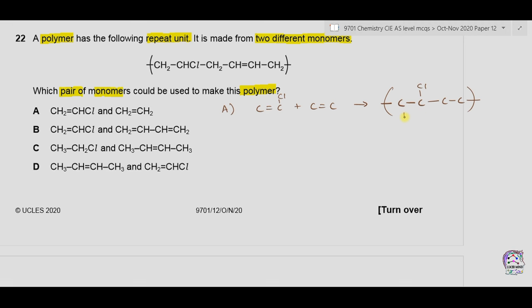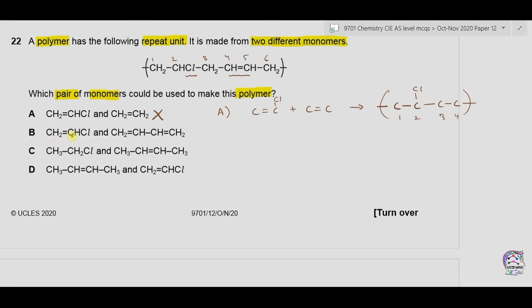As we can see that the polymer formed is of 4 carbon atoms, while in the question the polymer is of 6 carbon atoms. And also there is a chlorine atom with second carbon and double bond between fourth and fifth carbon. So A is incorrect. B, again we have chloroethene and butadiene with 2 double bonds present in 4 carbon atoms.